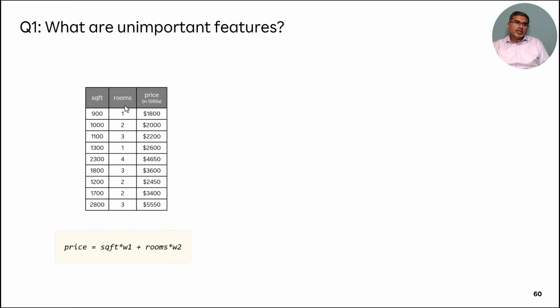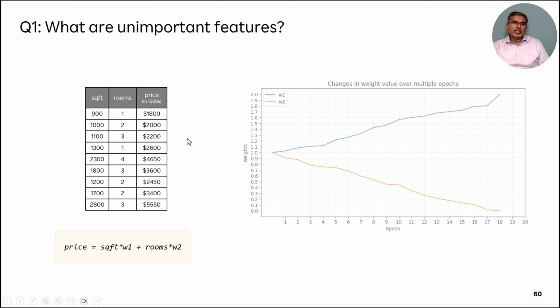So the number of rooms has little significance in predicting the price of the house accurately. Let's say both these weights were initially initialized to 1.0.